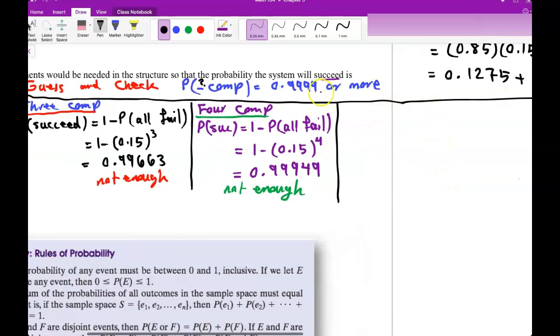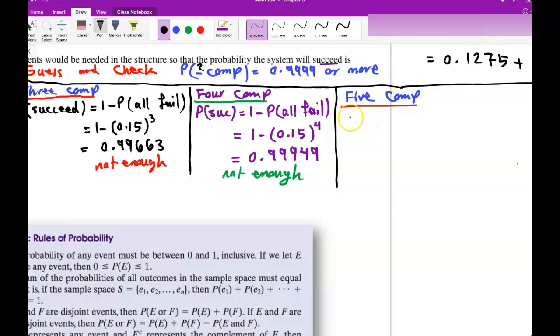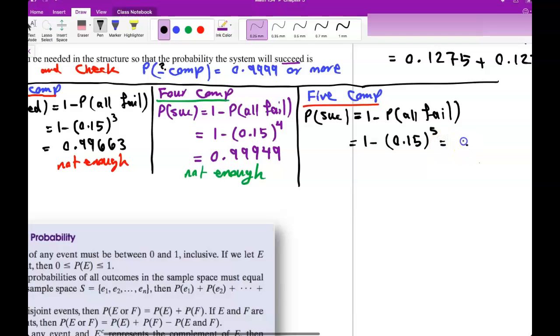Now 5. So the probability of success is 1 minus the probability of all fail, which is 1 minus 0.15 to the fifth power, because we have 5 components, and that is 0.99992.